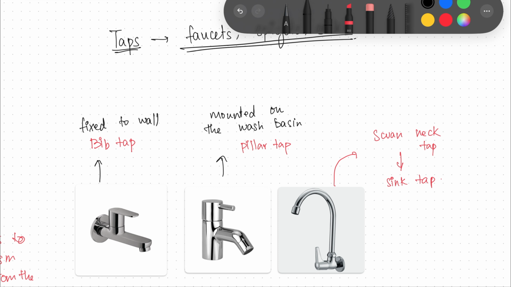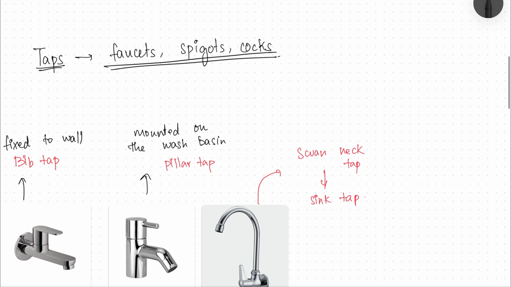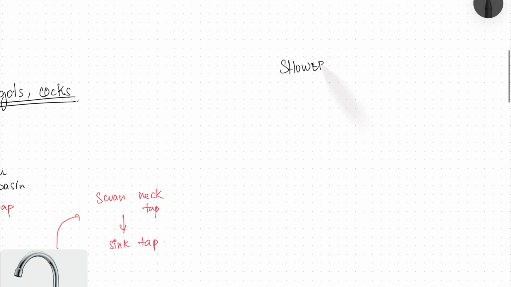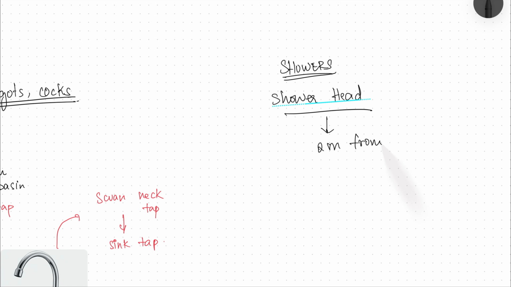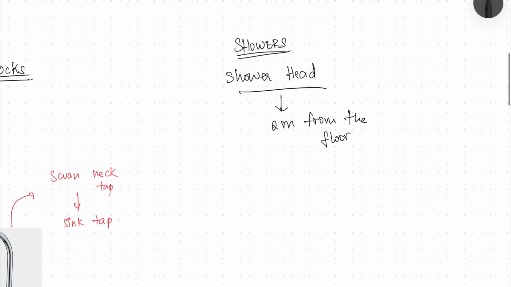Now let's move on to showers. There are again different types of shower. I'm just going to mention one thing: the shower head should be 2 meters from the floor. You also have different types of bathtubs as well.